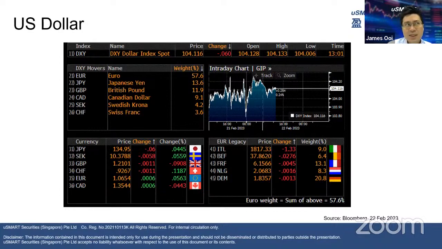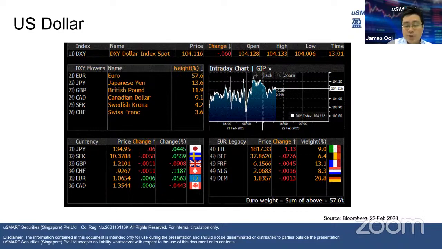So sometimes I just feel that if you know how the US dollar index will move from here, you will also get a general idea on how euro or pound will perform next as well.